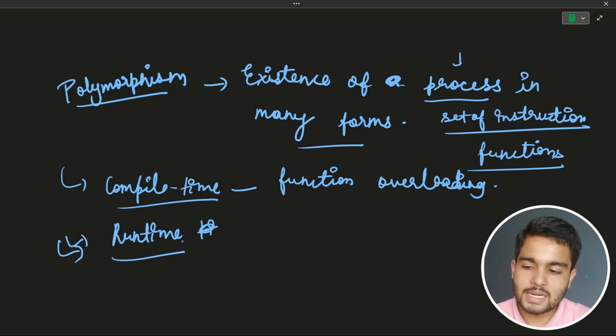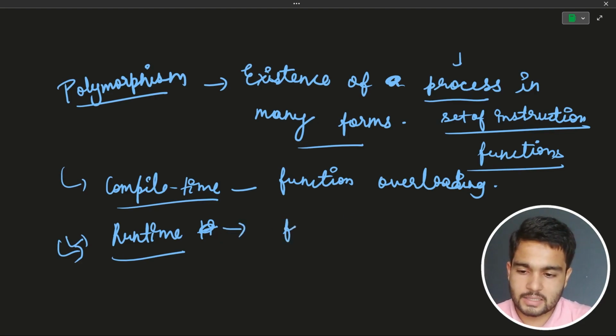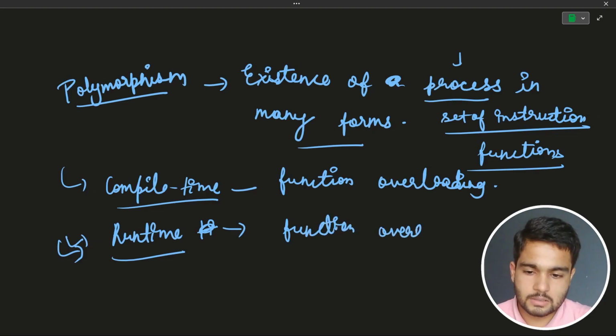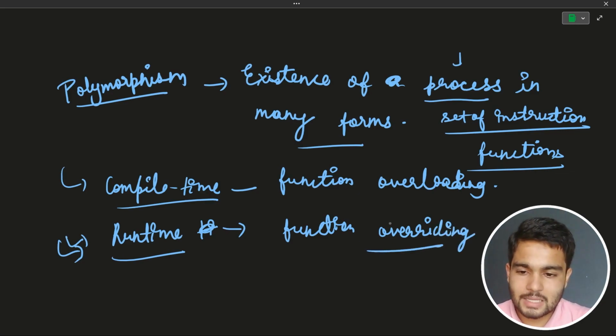And if we talk about runtime polymorphism, it can only be achieved through function overriding. So these are the two things through which you can achieve compile time polymorphism and runtime polymorphism.